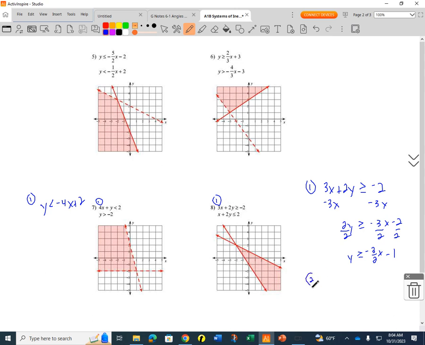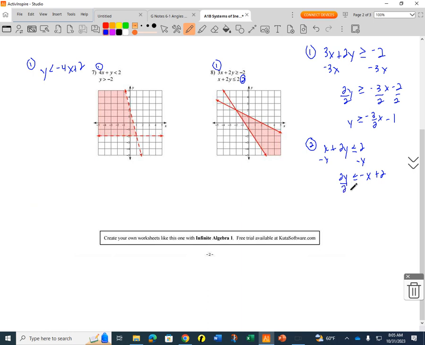And for number 2, your second inequality here, before you graph, you have to solve for y. So I'm going to show you what that looks like. Subtract x, so we have 2y is less than or equal to the opposite of x plus 2.